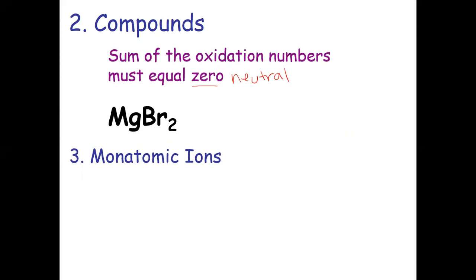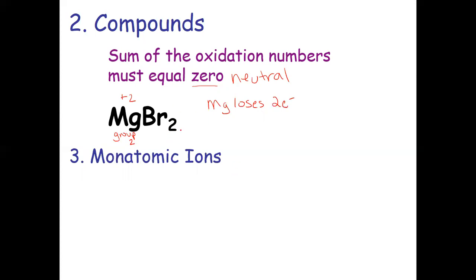Well, first I'm going to go to my periodic table and find magnesium. Magnesium is in group 2. So that's group number 2, and all of the elements in group number 2 have a positive 2 charge. That's a positive 2 oxidation state. That means magnesium loses 2 electrons.